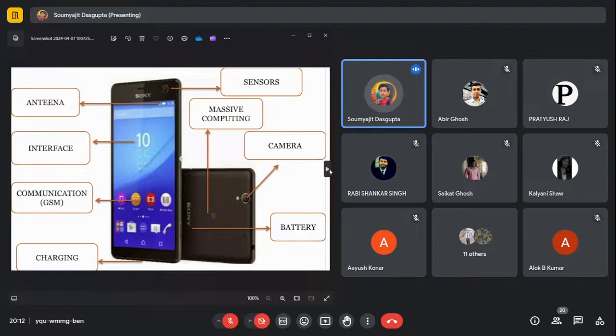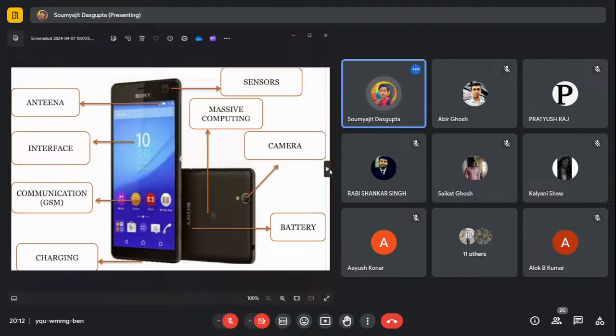Mi phones or Redmi phones have an IR blaster, so you can control TV, AC, and projectors using a phone. And a phone has an interface. If you want to show or visualize some data, you should have an interface, right?